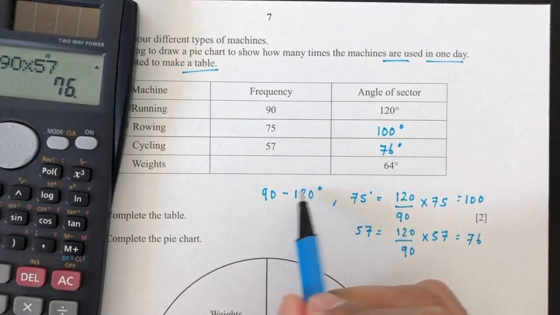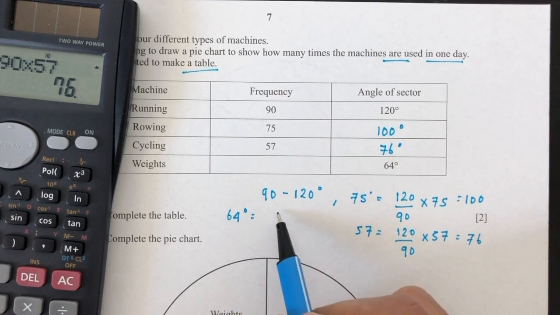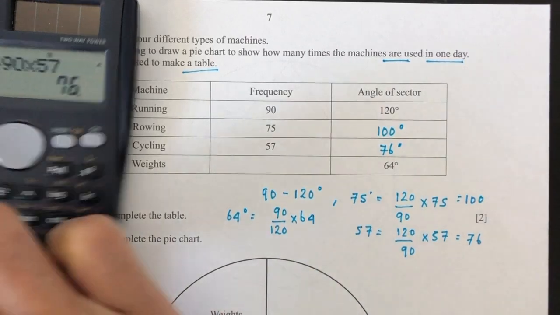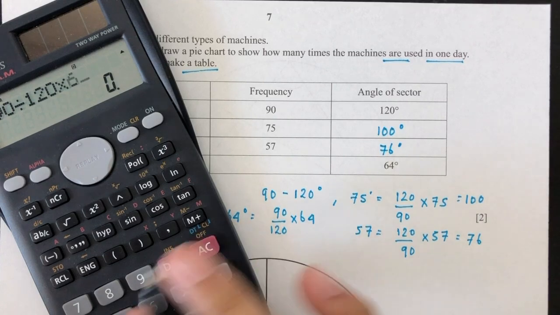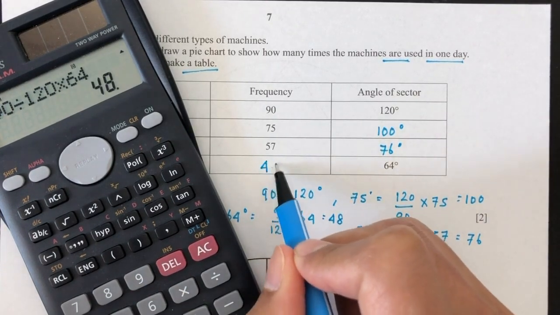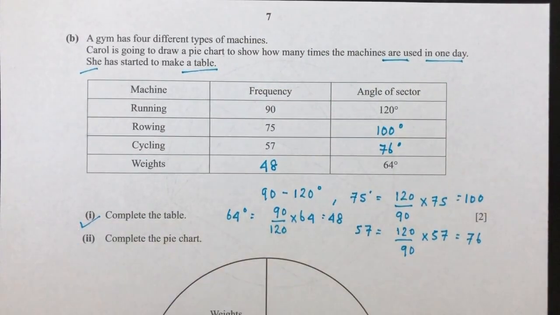We know 120 means 90, so 64 will mean 90 divided by 120 times 64. That will be 48. Frequency will be 48. So this is part 1, table is done.